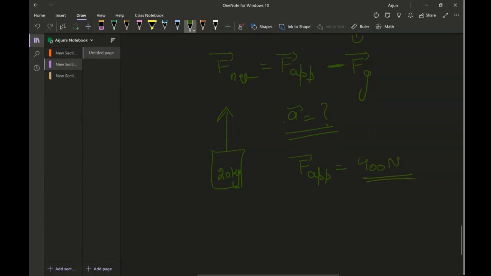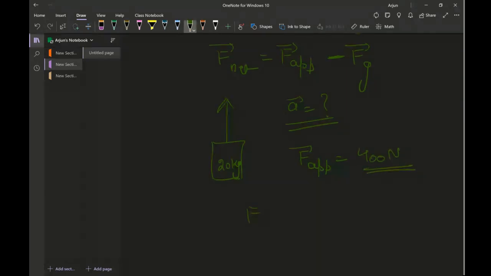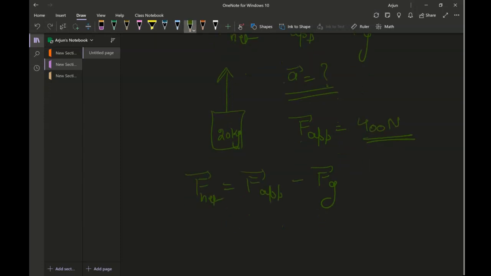I'm just taking some random numbers right now. So force applied minus Fg is equal to net force, F net. Now, the applied force is equal to 400 as given to me, and it is up, so I'll consider it positive. 400 minus Fg.